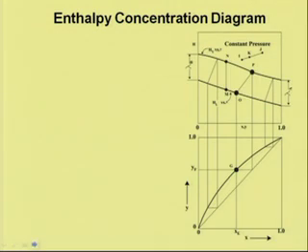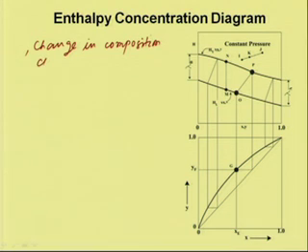So, this is the typical enthalpy concentration diagram shown over here, and as we know during distillation, during the change in phase, the change in compositions occurs, and change in composition changes the enthalpy.